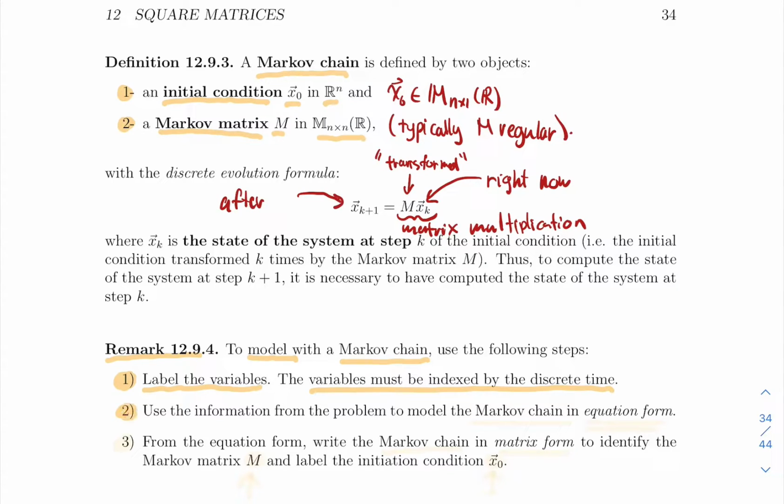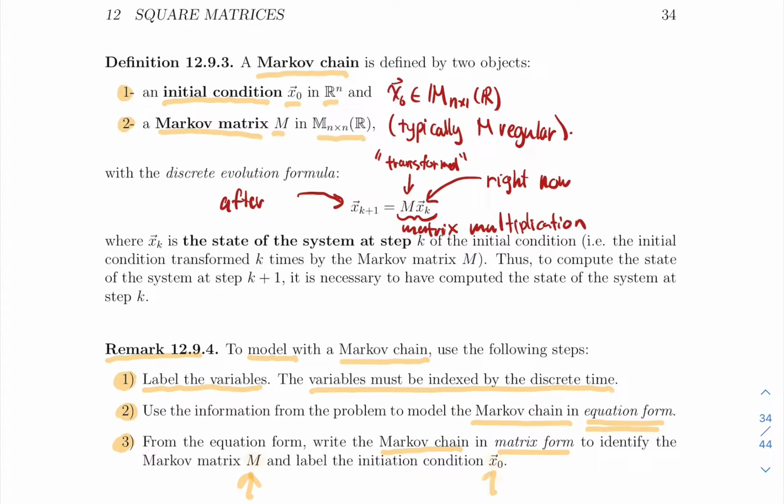Then you need to use the information in the problem to model this Markov chain. Normally it's easier to do it first as a set of recursive linear equations. Again, I'll do an example in a moment to make this clearer. But once you have those equations set up, there's always a way to write that Markov chain in matrix form so that you can extract the Markov matrix out of that problem.